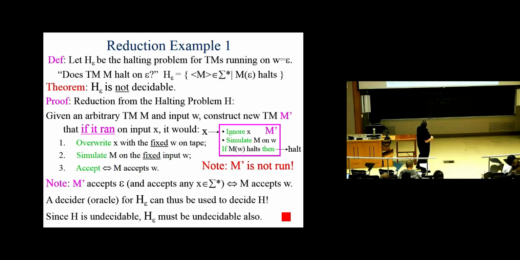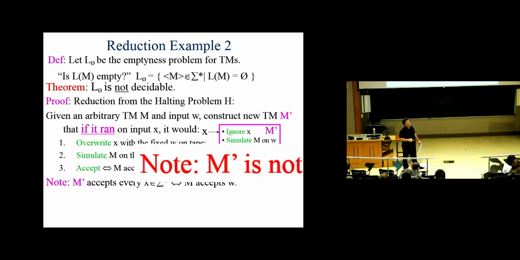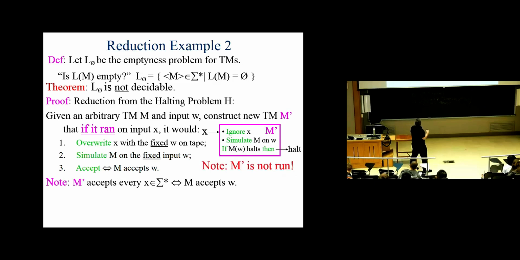And then we showed two more results in quick succession, and they looked very much like the first result, almost identical. The problem of deciding whether the language of a given machine is empty is again undecidable. Why?